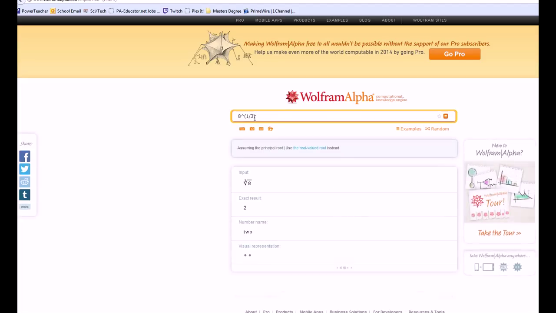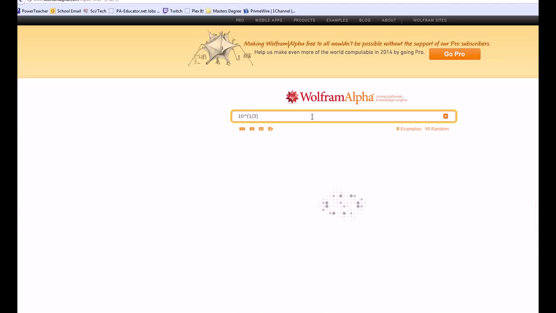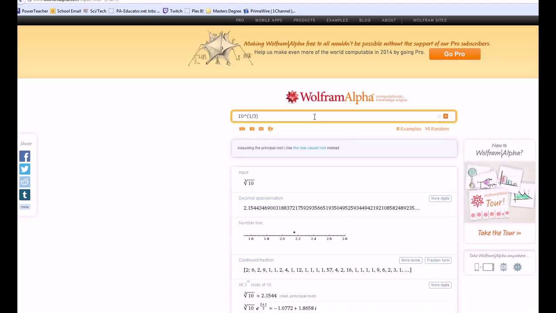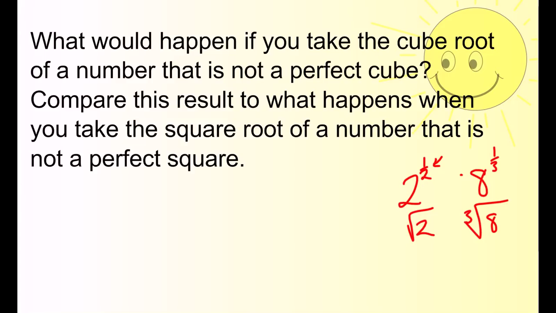I mean, that's how you do the cube root. But if you type in some number that's not a perfect cube, say, for example, 10, gives me, holy cow, that's a big, long, ugly number. So you get these huge, ugly numbers if you're taking cube roots of numbers that are not perfect cubes. So you get your irrational numbers again.